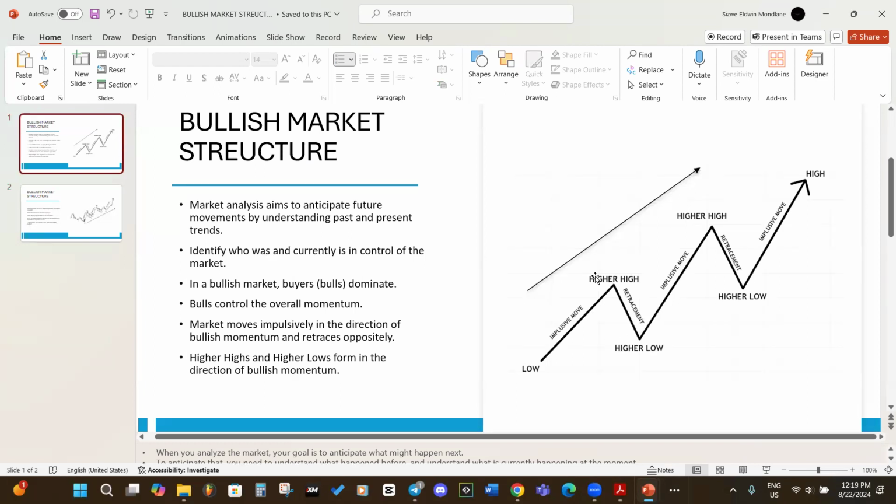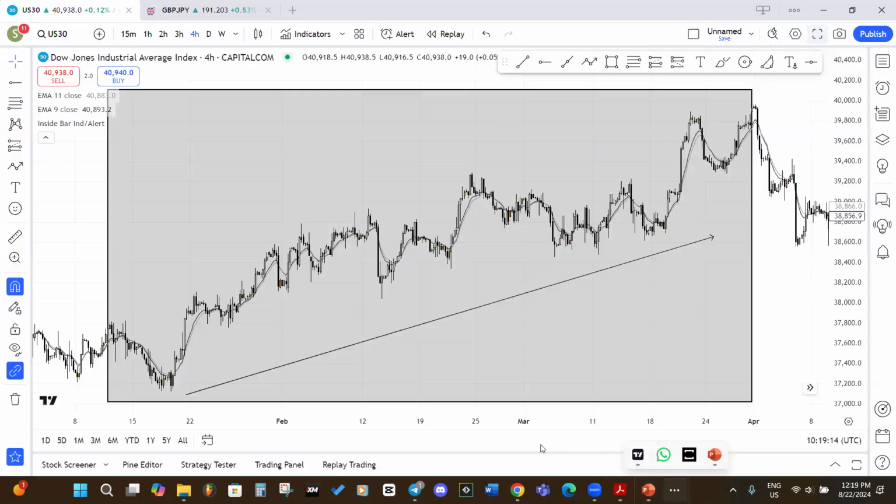So where do you buy? You want to buy when the market retraces. Just like here, you want to be buying here, holding all the way, wait for the market to retrace. You want to be buying here. Same concept applies here. You want to be buying when the market retraces.